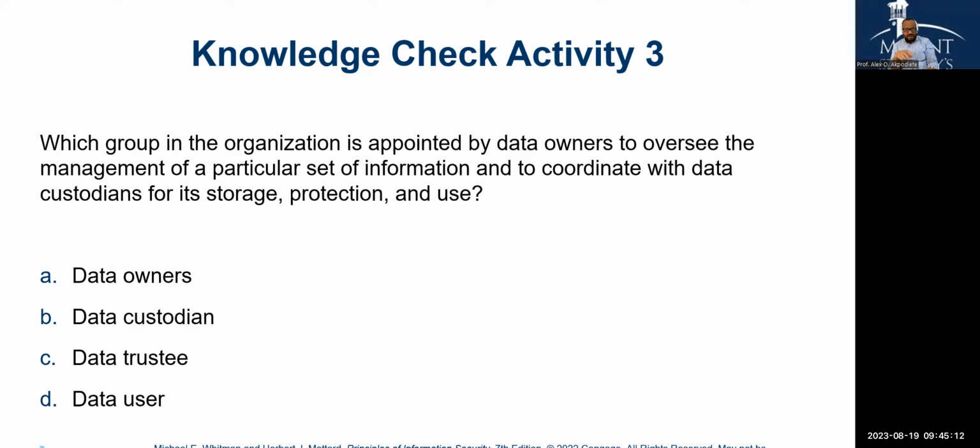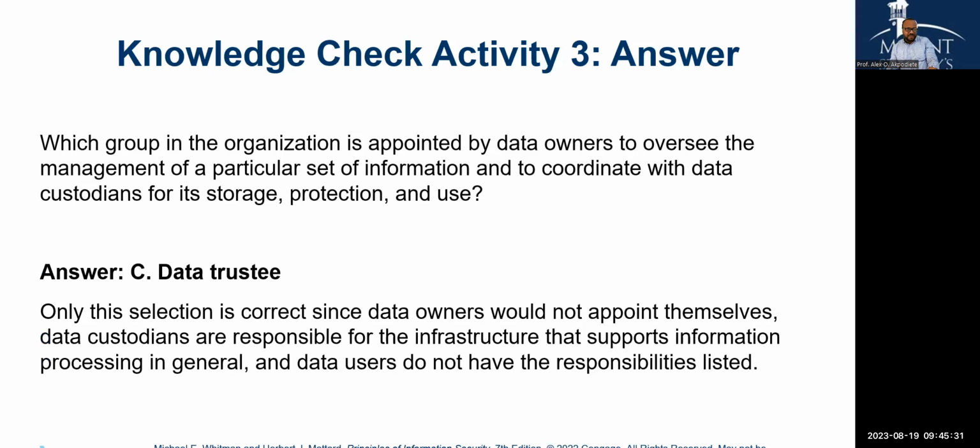So that tells you that probably data owner is not the answer, right? Because it would be almost like a tautology, or doesn't make any sense. And you see the word data custodian. So that probably means it's not the first two. So this is about overseeing the management of a particular set of information. So you're automatically thinking, you're probably not the data user, right? So that's going to be the trustee.